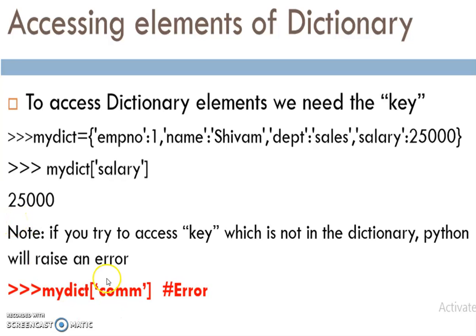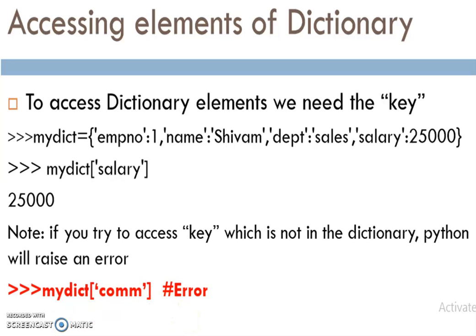If you try to access a key which is not in the dictionary, Python will raise an error. Again, see here my dict of comm. There is no such key in this dictionary, that's why it will raise an error.